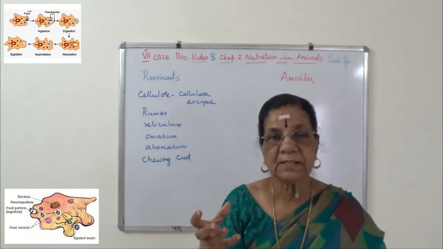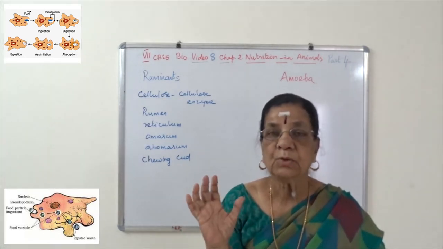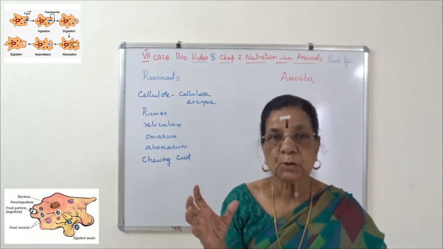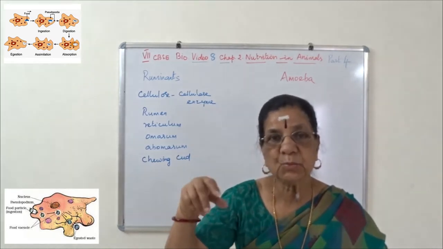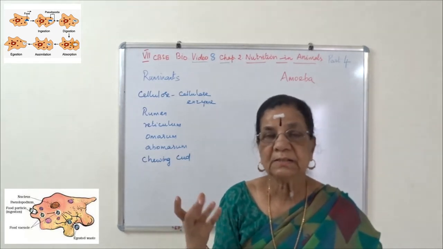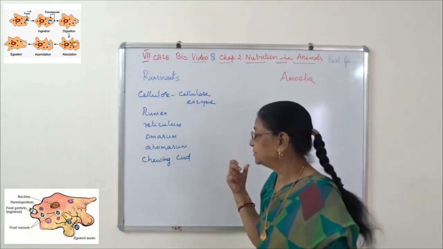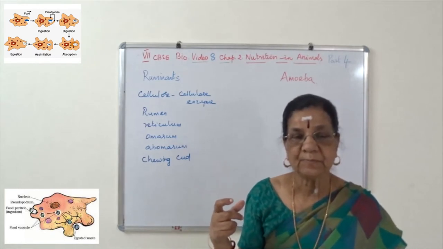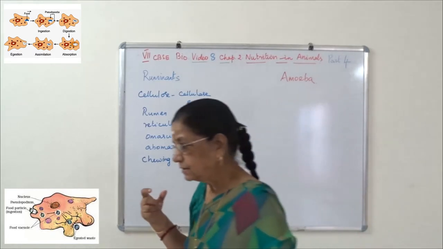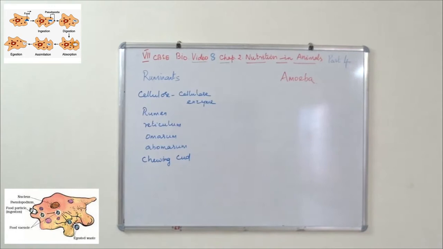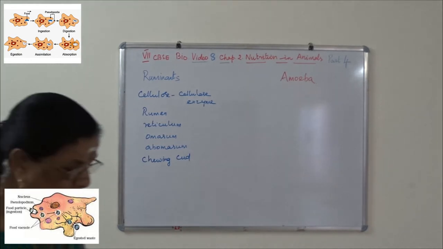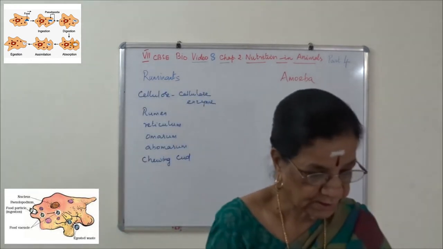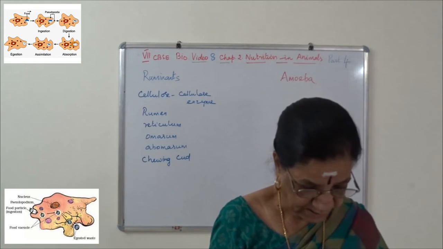And in ruminant animal, the stomach is of 4 chambers: rumen, the stomach proper, reticulum, which is a tubular structure, and then omasum and abomasum. I hope you understand. And then following that is the intestine, and then that undigested food will be sent out through anus. That is the ruminant animals.